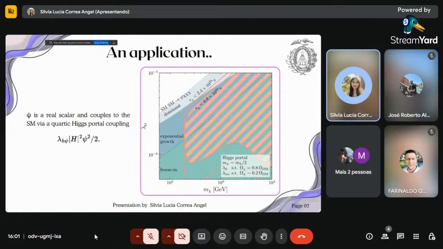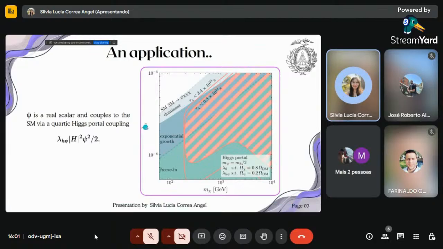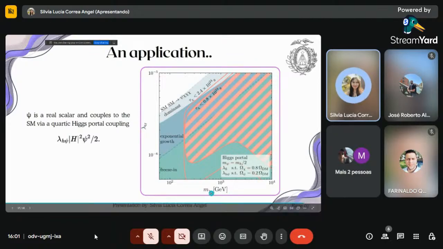And in order to see a real application, they are using a real scalar for the thermal bath, and this scalar will couple to the standard model by using the quartic coupling of the Higgs portal. In this case, they obtain this plot, where you can see the lambda of the interaction between the thermal bath and dark matter, producing two particles of dark matter, versus the mass of dark matter in GeV.